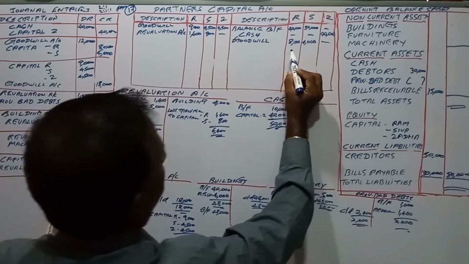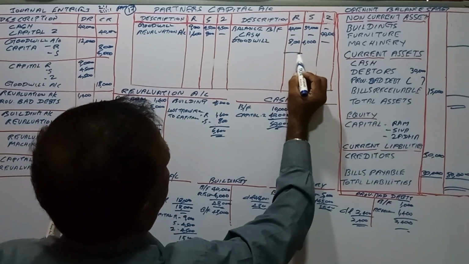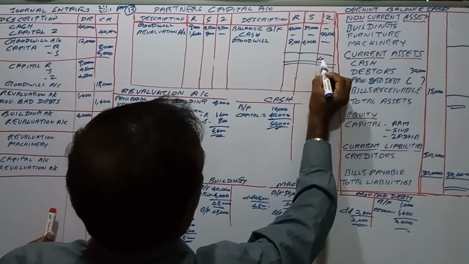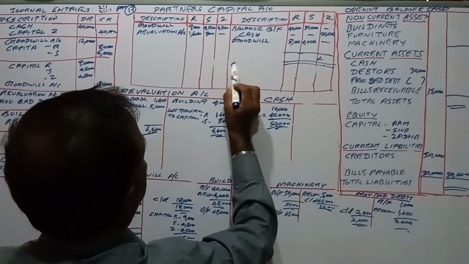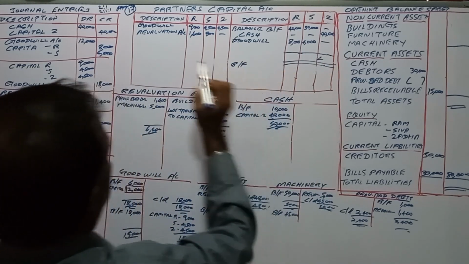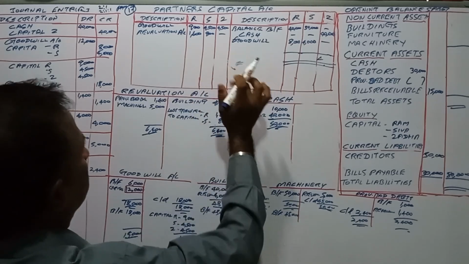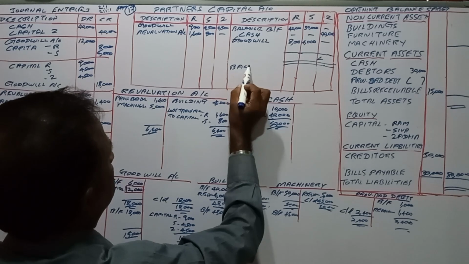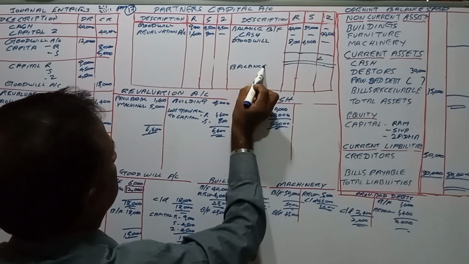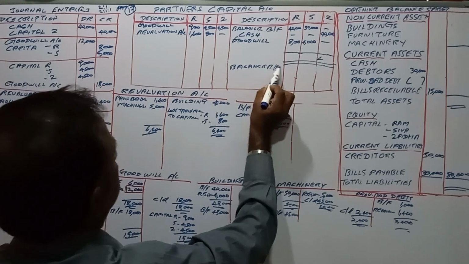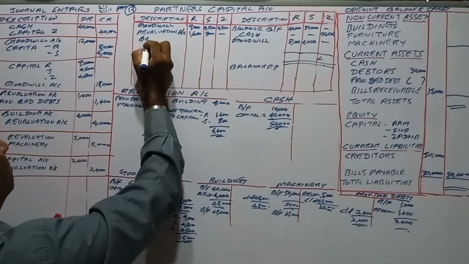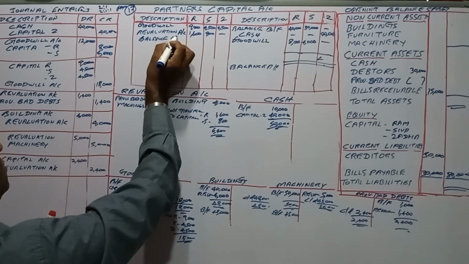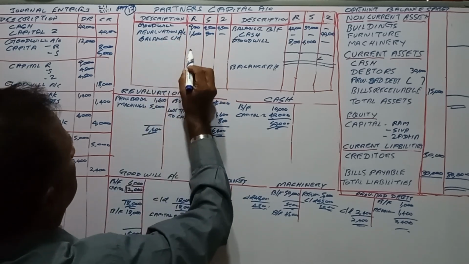Capital account, we have to balance the capital account. 40,000 balance brought forward. Balance carried down, right?